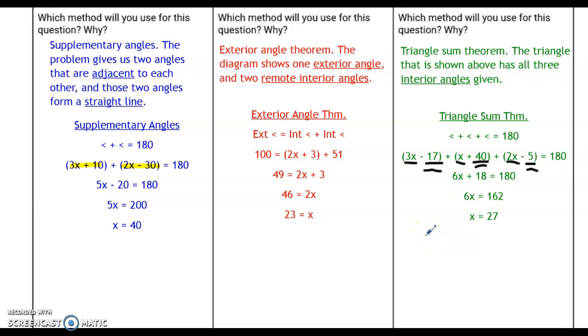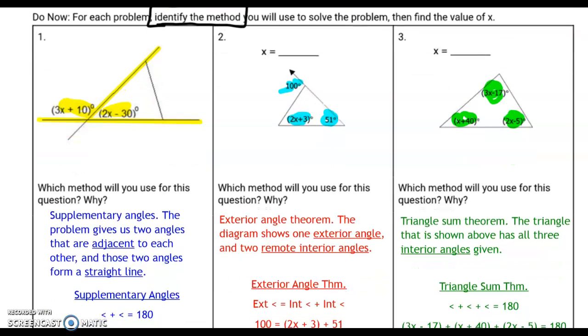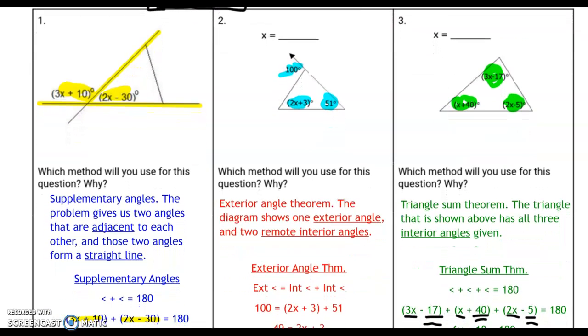Now, you might not have been able to figure out which method to use right away, but hopefully this helps you identify the clues as to which method goes with which type of problem. If the problem gives you 3 angles that have unknowns, variables inside of them, you're going to use the triangle sum theorem. If you have some information about an exterior angle and the 2 remote interior angles, it's going to be the exterior angle theorem.